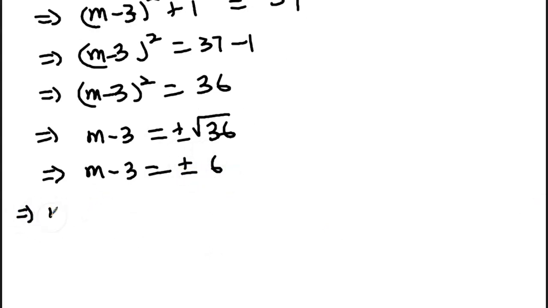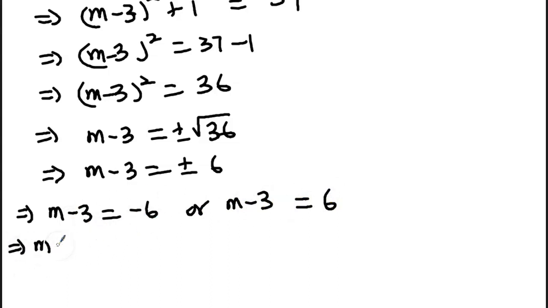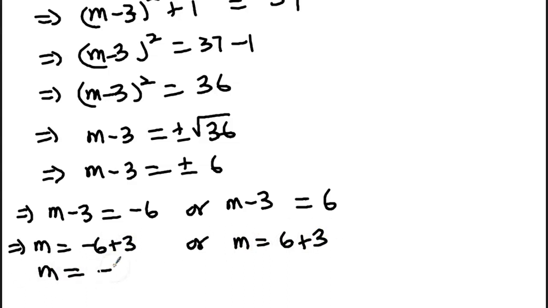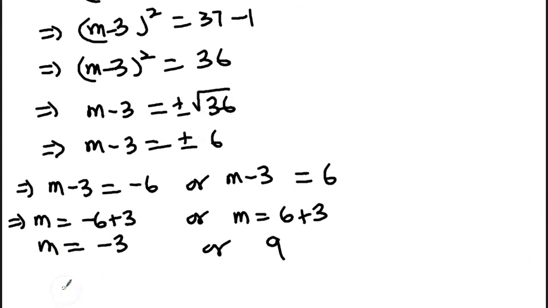This implies that M minus 3 is equal to minus 6, or M minus 3 is equal to 6. We find the value of M in each case. Here M will be minus 6 plus 3, then M will be 6 plus 3. So M is equal to minus 3 or 9. Therefore M is equal to minus 3 or 9.